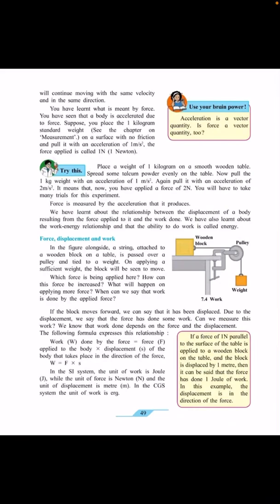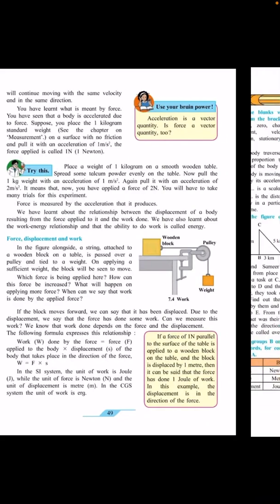The formula for work is equal to force into displacement, that is F into S. In the SI system, the unit of work is joule, while the unit of force is Newton, N, and the unit of displacement is meter. In the CGS system the unit of work is erg. Then learn the yellow box, what is given to you over there. So learn that.